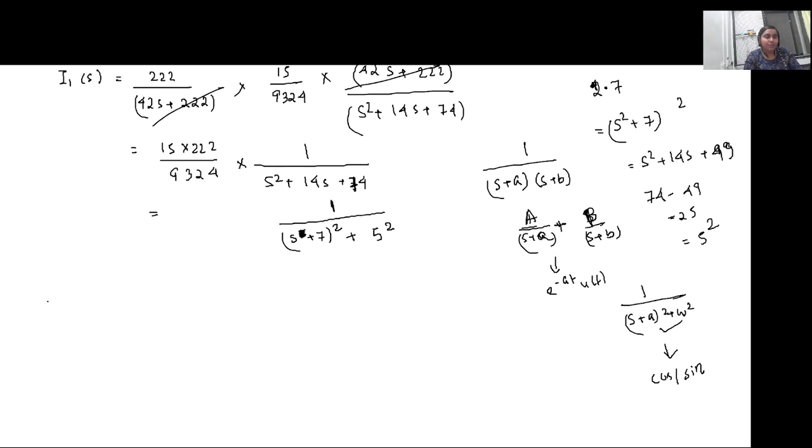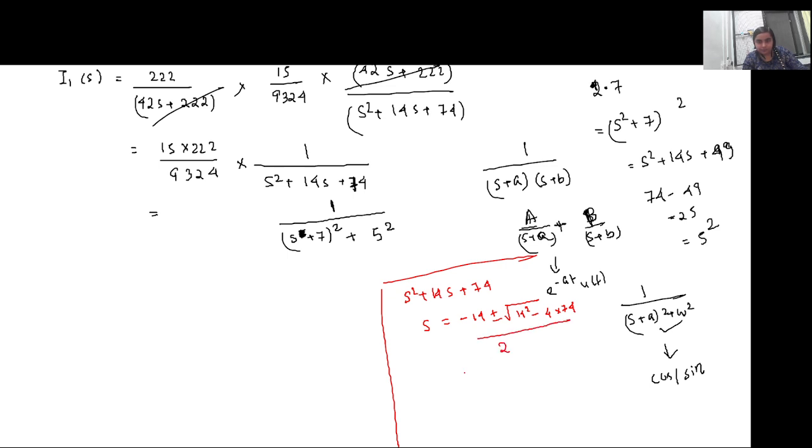First the basic trial would be to find out the roots. So let's say you have s square plus 14s plus 74. So s will be equal to minus b plus minus root over b square minus 4ac, divided by 2a.